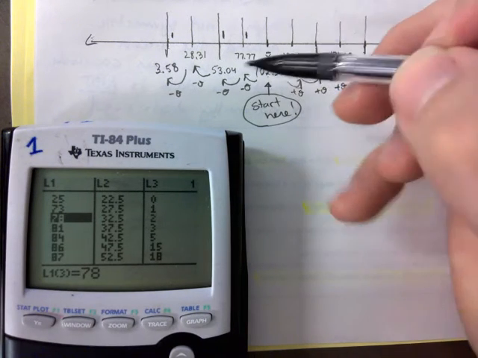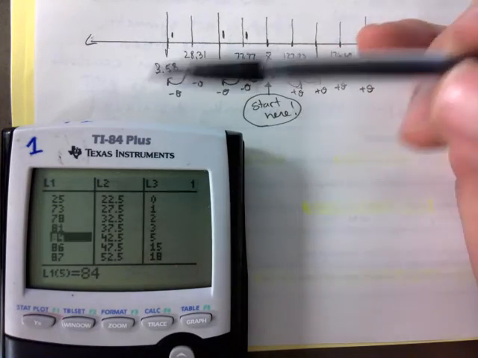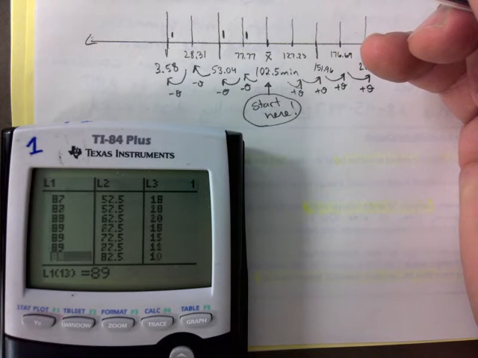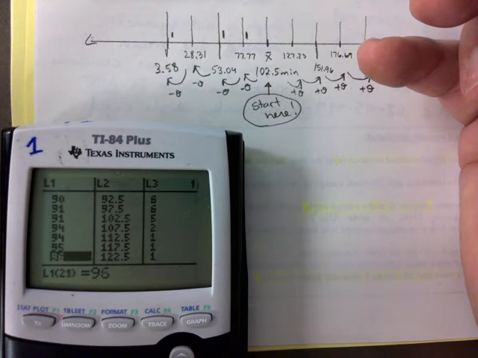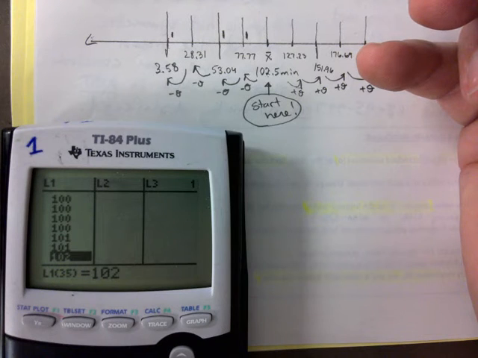So I'm just going to count now. 78 is already in here, so I count 1, 2, 3, 4, 5, 6, 7, 8, 9, 10, 11, 12, 13, 14, 15, 16, 17, 18, 19, 20, 21, 22, 23, 24, 25, 26, 27, 28, 29, 30, 31, 32, 33.